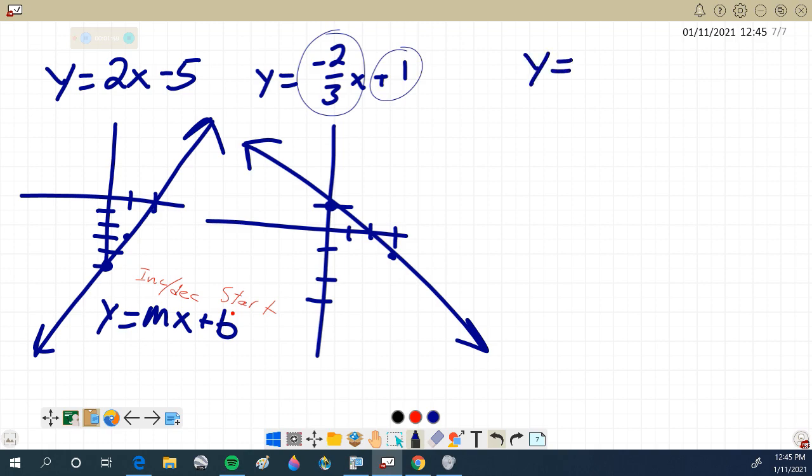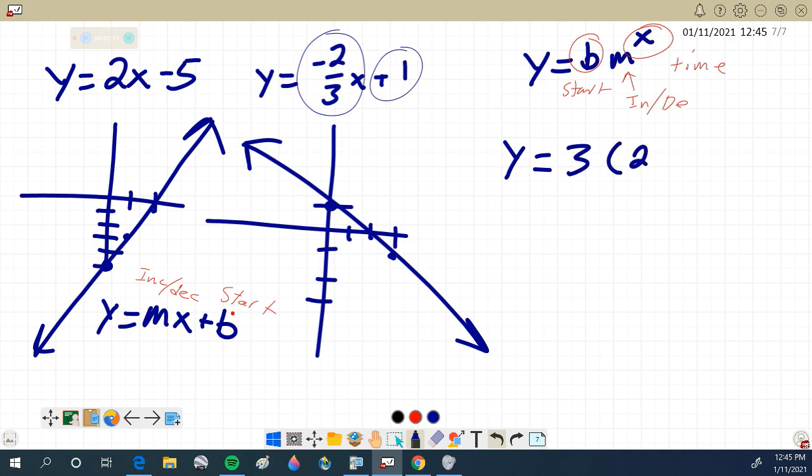It's just set up a little bit differently. Y equals b times m to the x, where this number is our start and this is our increase or decrease, and then that is our time. So a pretty simple one would be y equals 3 times 2 to the x.